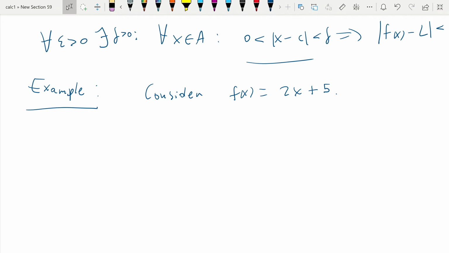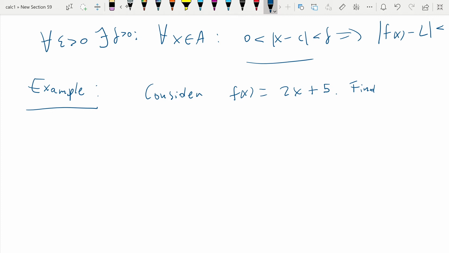And so what is the limit? I'm asking it this way because this function will have a limit everywhere.